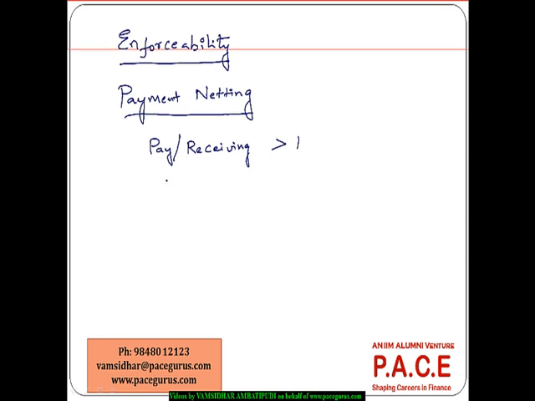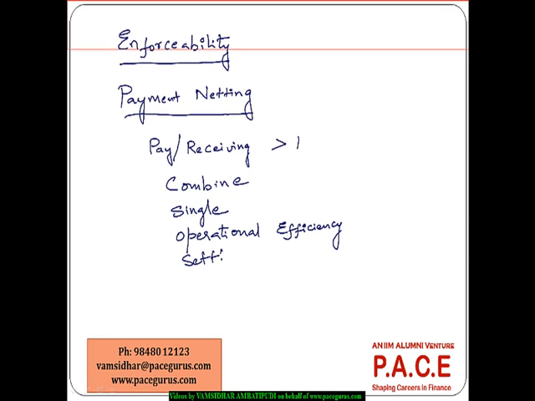So payment netting allows an institution to combine whatever cash flows are paid or received on one single day into a single net payment. So the settlement risk is reduced, and operational efficiency comes into the picture. The major advantage is operational efficiency and a drastic reduction in the settlement risk.